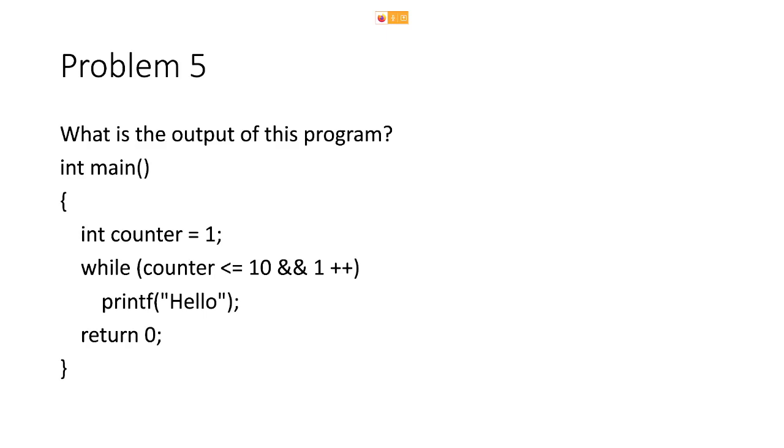Yeah, and is the counter being incremented on every iteration? Oh, no. Yeah, I can see it correctly. So then what is the answer? Infinite. Yeah, so then it's an infinite loop, and infinite many times hello is printed.